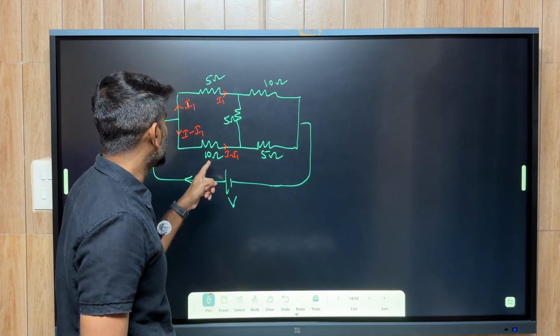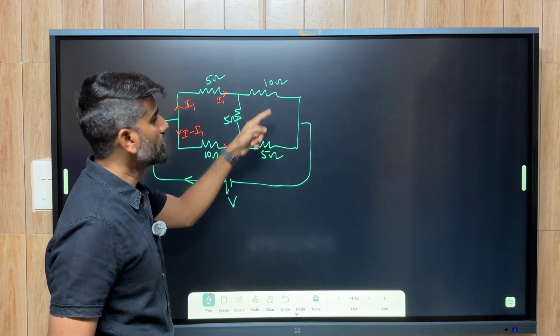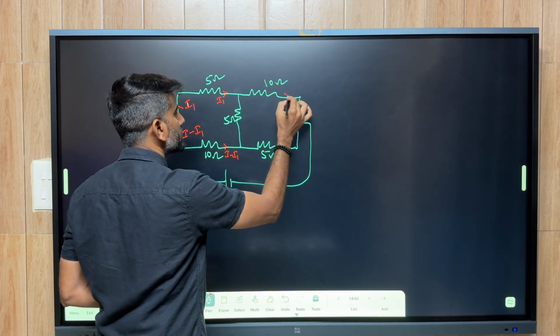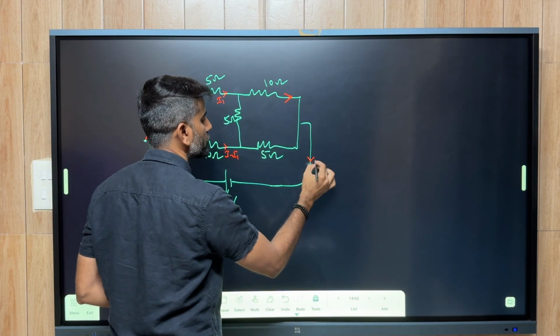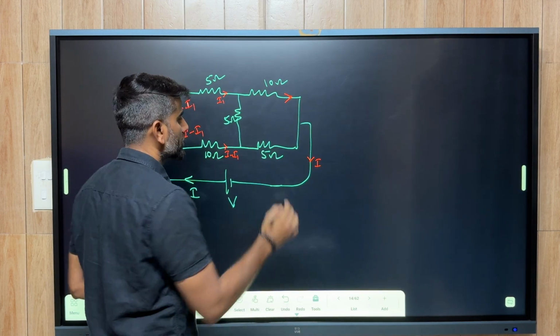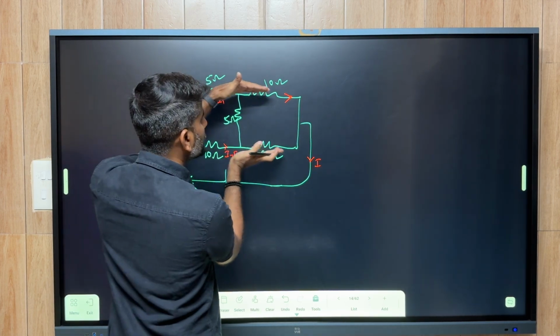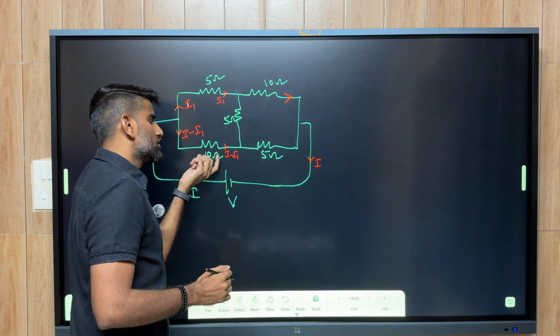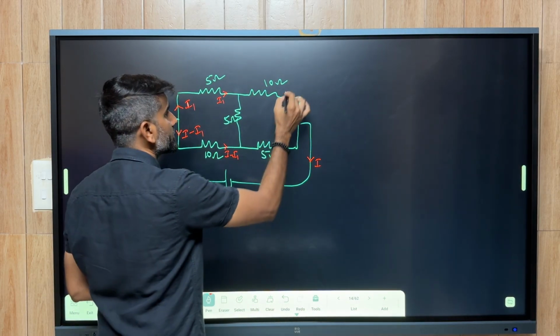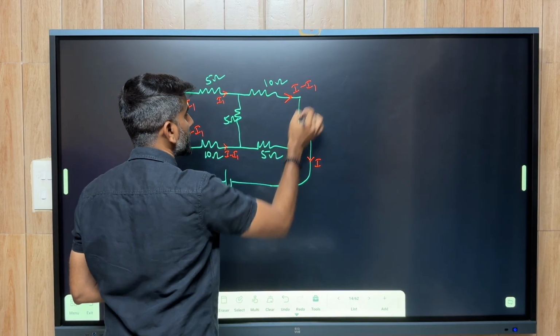Now from symmetry, here we have 10 ohms, here we have 10 ohms. So the current that flows through this 10 ohms, that means the total current that we have to acquire is I only, no? So the total current coming out of these two branches. The current flowing through this 10 ohms is I minus I1.